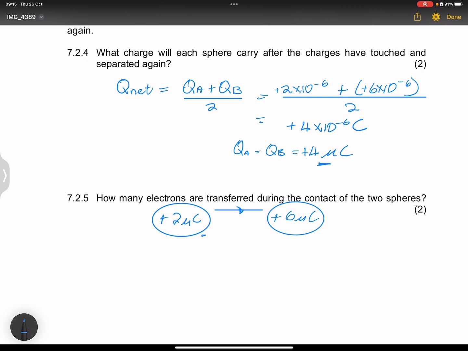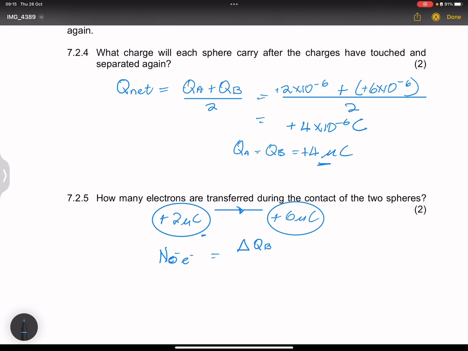Now, how many electrons are we going to actually have in this case? Please note, the number of electrons will be the change in the charge. I'm going to take the one that received electrons, and it really doesn't matter whether you took A or B. Sorry, I'm going to take B because that's the one where electrons were transferred to.